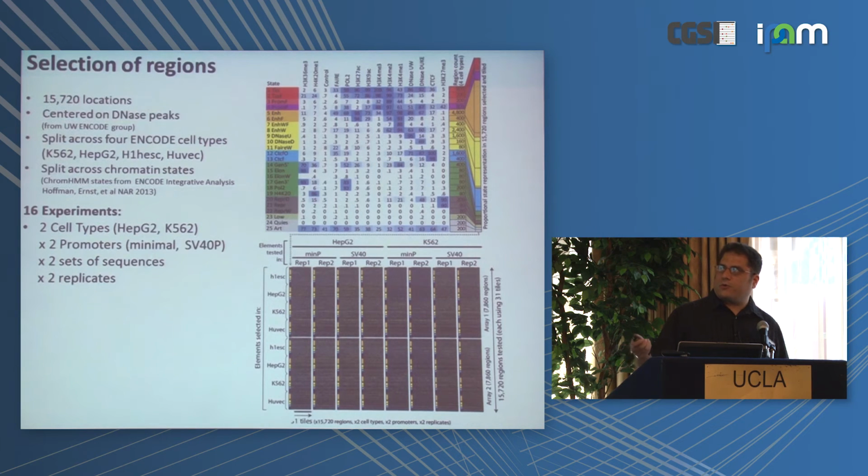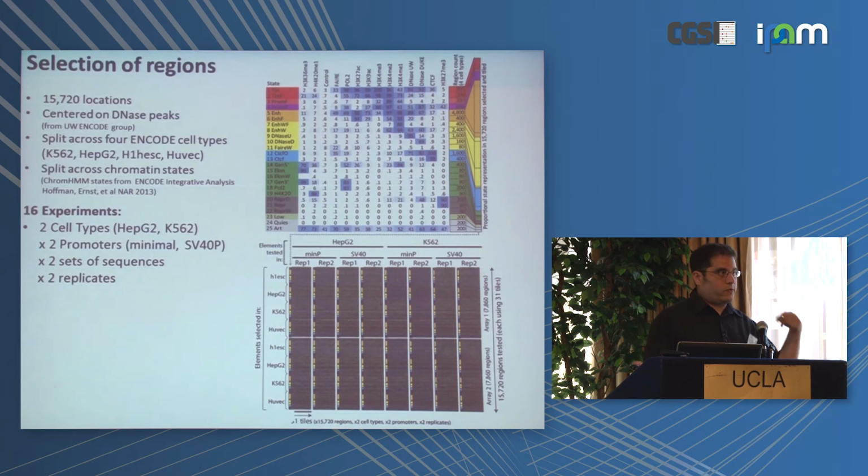So what we had done was we selected over 15,000 regulatory regions to test. All of them were a DNA hypersensitive site. So this is an assay that measures open chromatin, specifically where the transcription factors are most likely to bind. So it's a higher resolution information. And then we split this based on originally 4 cell types, and we did a stratified random sampling of the different chromatin states.